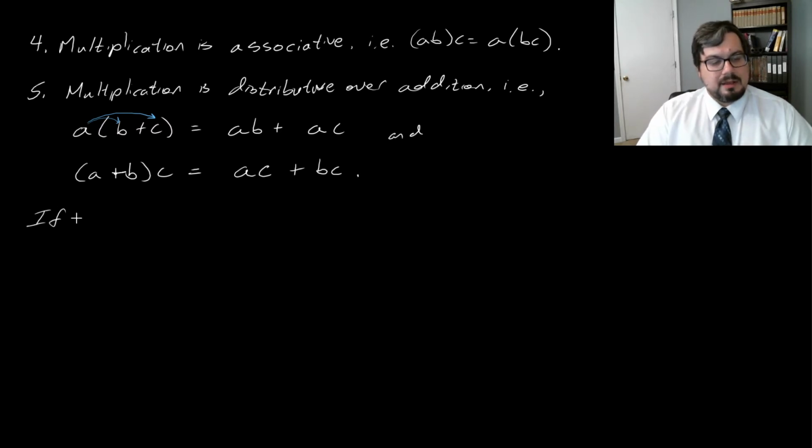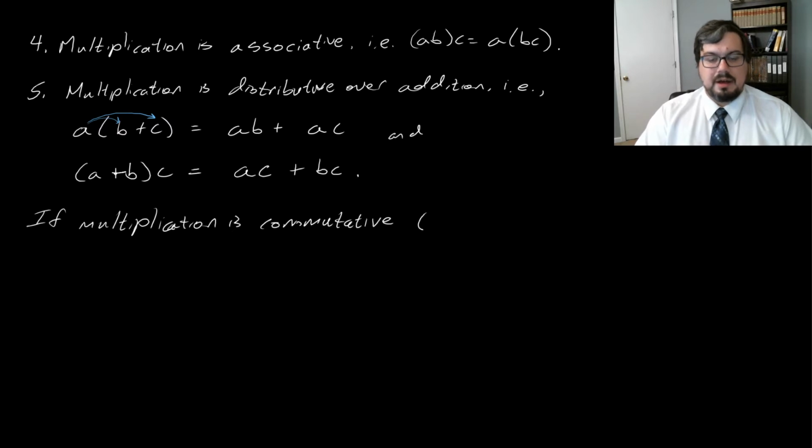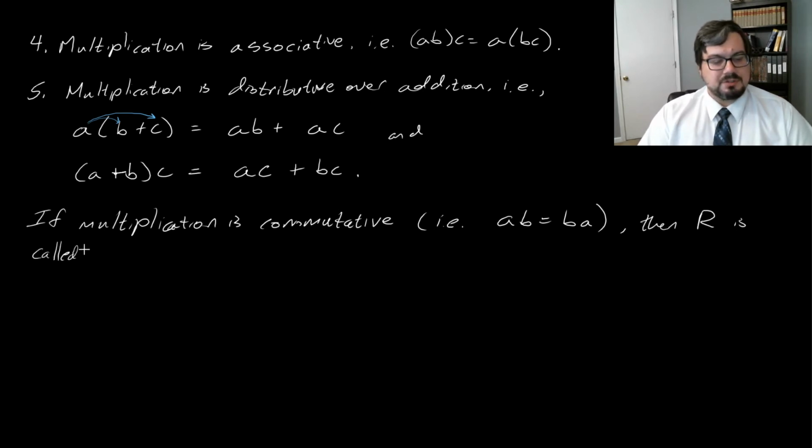So the first one is that if multiplication is commutative, that is to say that if A times B equals B times A for all A and B in the ring R, then R is called, unsurprisingly, a commutative ring.